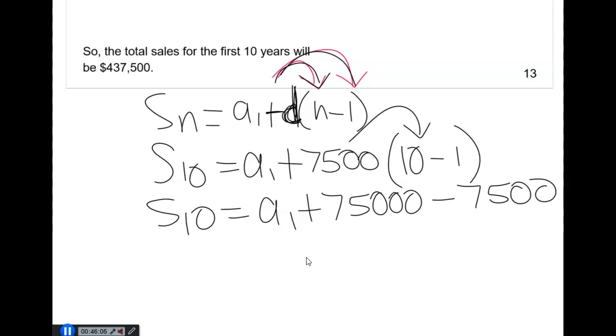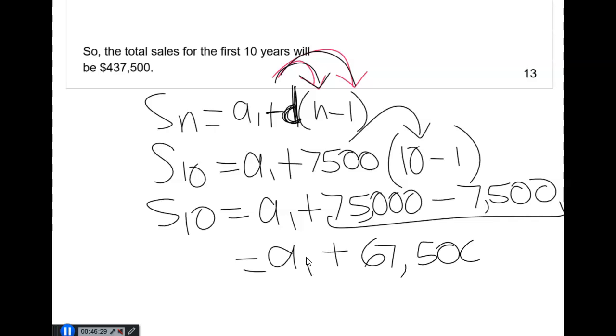And so if we take 75,000 minus 7,500, that gives us 67,500.